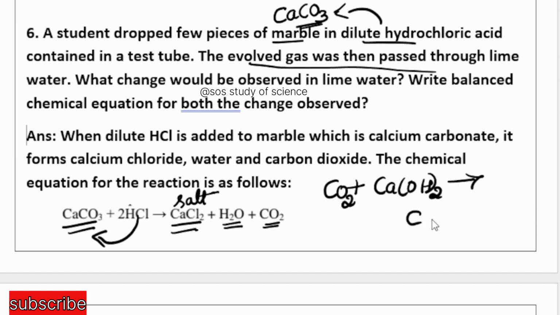We get calcium carbonate again, and also water. That means when we pass carbon dioxide to calcium hydroxide, the lime water turns milky white, my dear students.